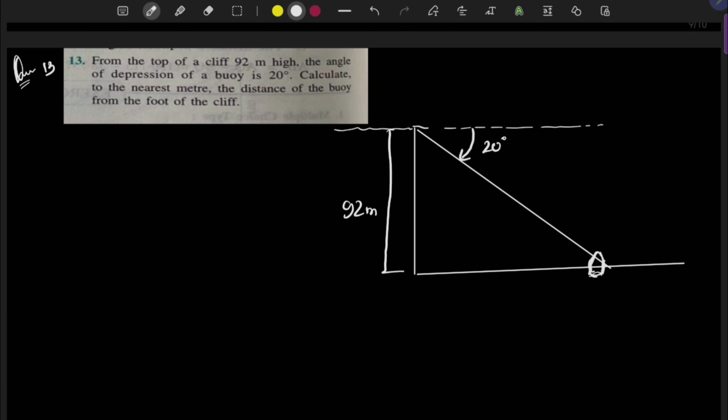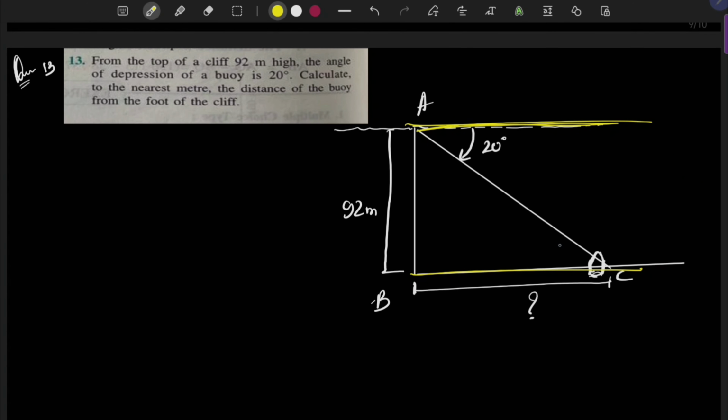So they're asking find the distance of buoy from the foot of the cliff. From foot of the cliff मतलब कि यहाँ से ये distance कितना है. So let's say this is A, this is B and this is C. So because ये दोनों parallel है, if this line of sight is parallel to ground, so alternate interior की वजह से ये भी 20 होगा. So this will be perpendicular and this which we have to find is the base.